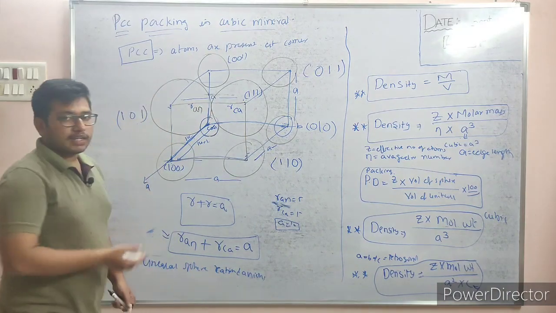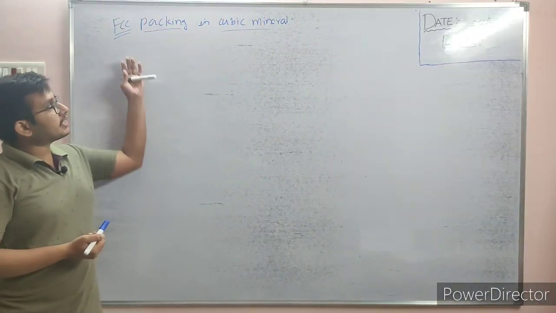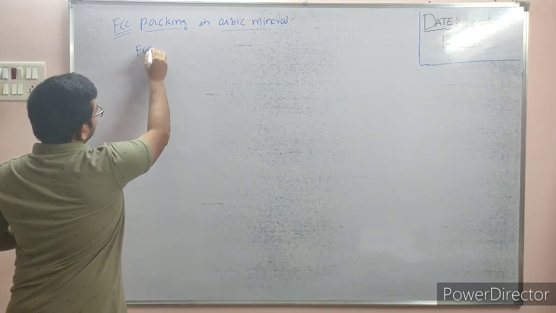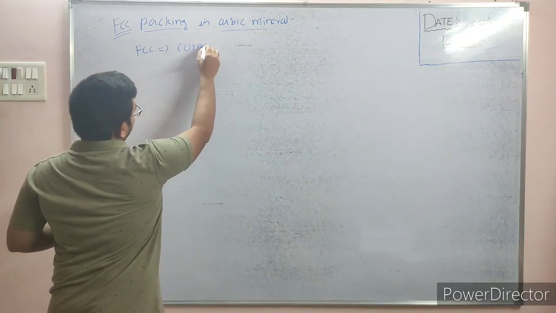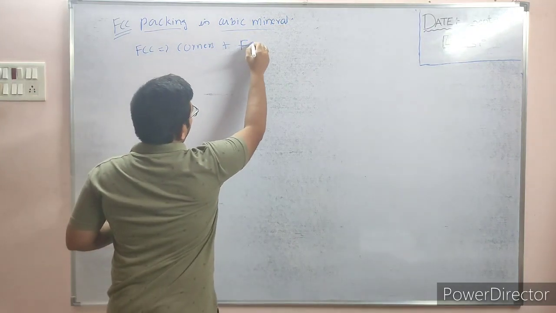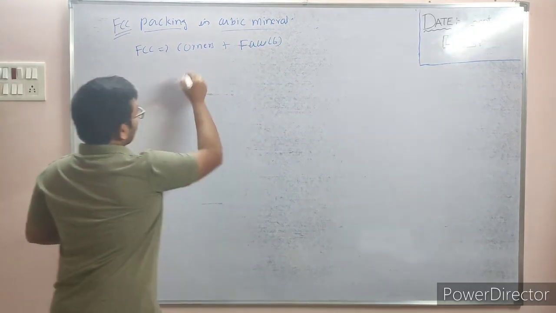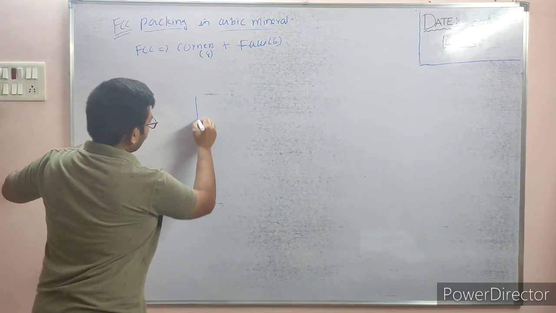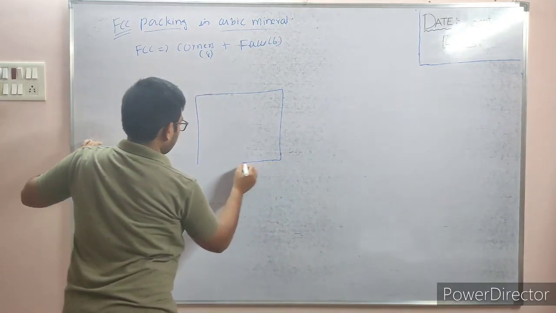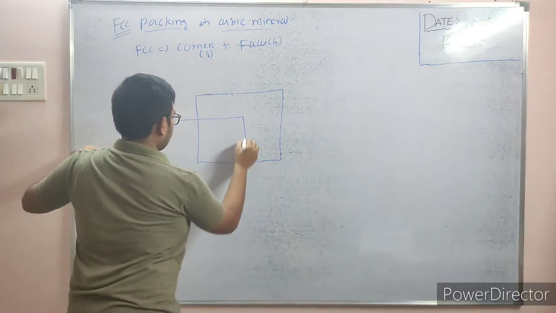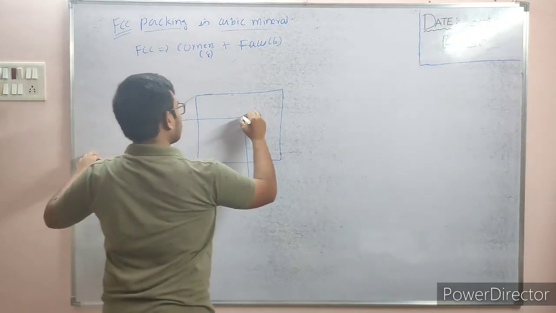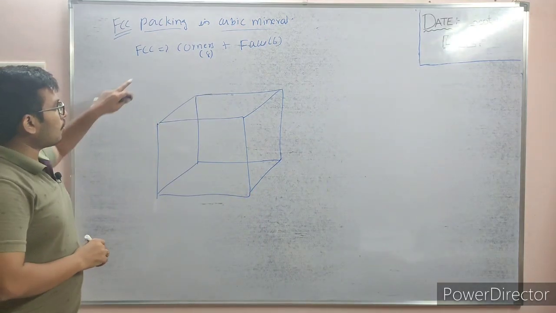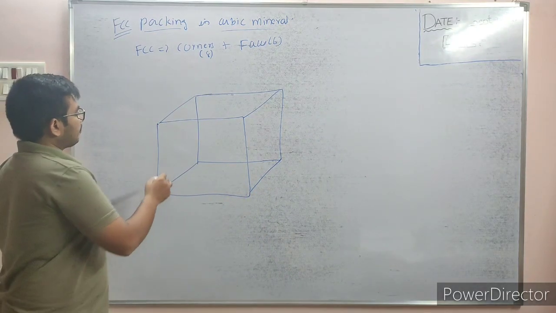Understood? Now we will discuss FCC packing in a cubic mineral. What will be in FCC? Atoms at the corners plus the faces: 6 faces, and 8 corners. Now let's draw the diagram of the cubic mineral. At the 8 corners, 8 atoms will be present.